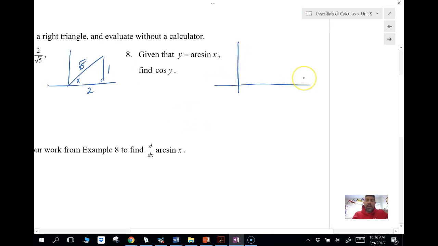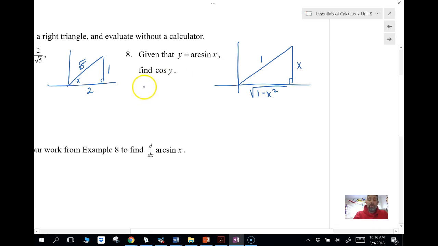Now, given that y equals arc sine of x, find cosine y. I'm going to use a unit circle, so I'm going to have a hypotenuse of 1, and my x is going to be here. That means I have the square root of 1 minus x squared. So, find cosine y.